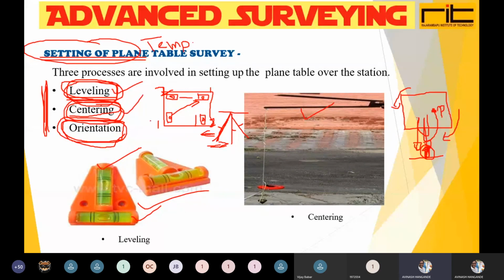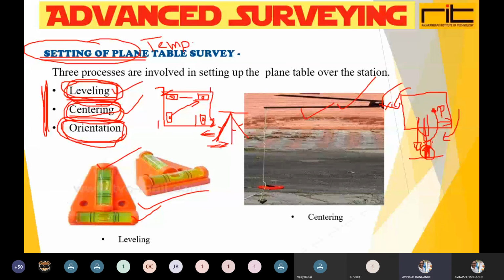Then centering operation. So centering we are using this U-fork with plumb bob instrument. Okay, so that instrument is attached to the plane table, and we have to observe the plumb bob. Okay, if that plumb bob is not over the station point, then we have to move the U-fork along the plane table, or we can rotate our plane table, clockwise or anti-clockwise direction, until that plumb bob comes over the station point.